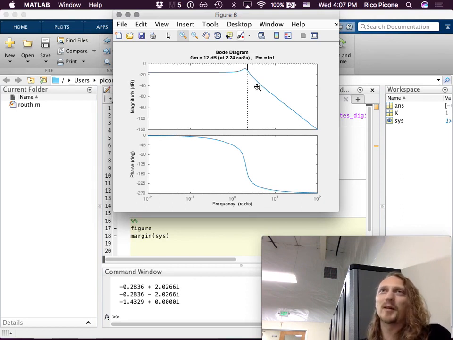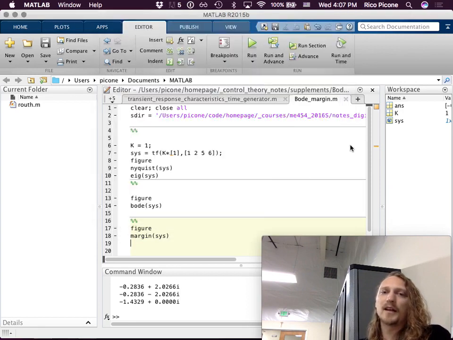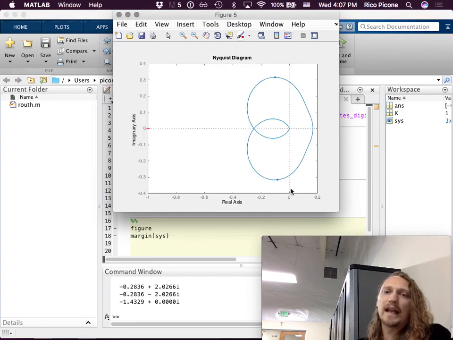So that's my problem. The phase margin is not defined for this system. That's because if you look at the Nyquist plot, it never goes outside of the unit circle, right? So the phase margin is not going to be defined because it never leaves the unit circle and then enters it before it comes in to here. But the gain margin will still be defined.